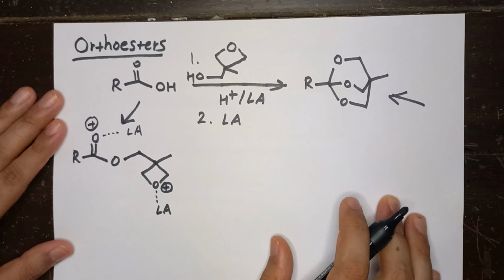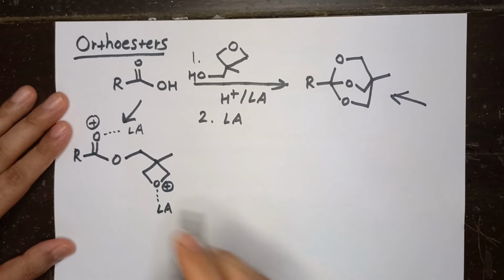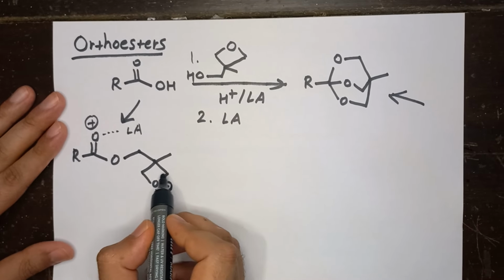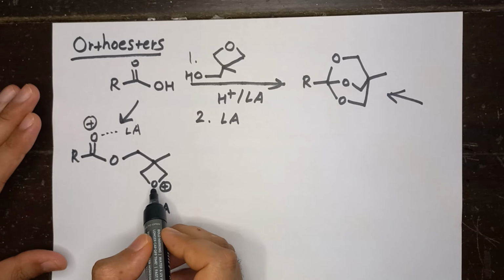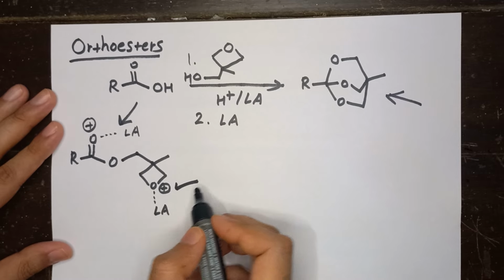So what do you think? Which one is going to be? Well, this particular system is under strain. It is a 4-membered ring and it wants to get open. This ring is under strain. So that's why this will be preferred.